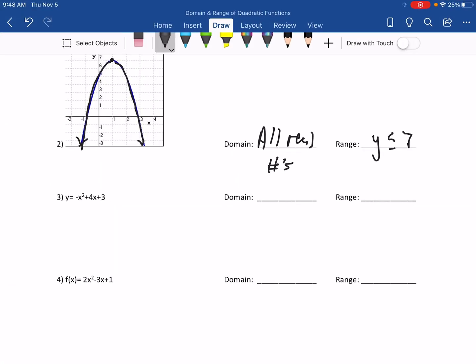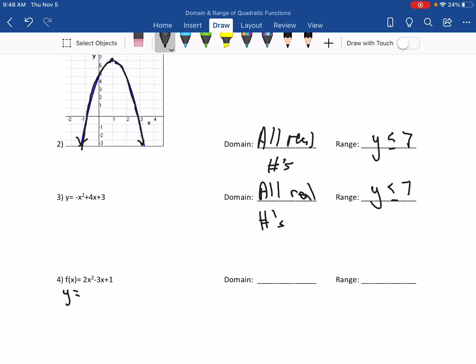So our range is, again, the same as before, y less than or equal to 7, and our domain is all real numbers.